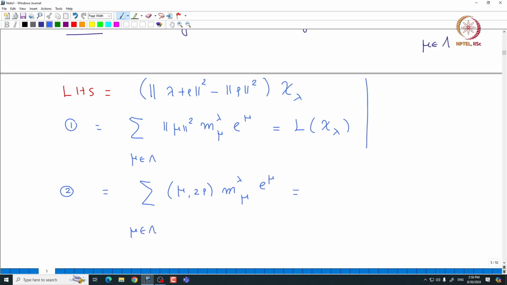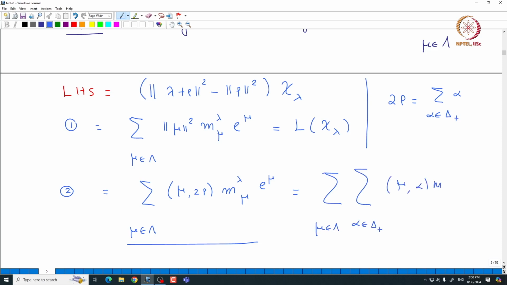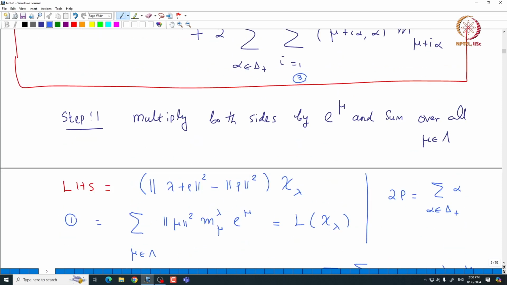Now one can use the following expression of 2 rho to rewrite this sum. 2 rho is nothing but the summation over alpha in delta plus. If you use this, then you can rewrite this sum as the summation over mu in Lambda and alpha in delta plus of mu comma alpha times the multiplicity lambda mu times e power mu. So, this is the simplification that we get for the second summation.